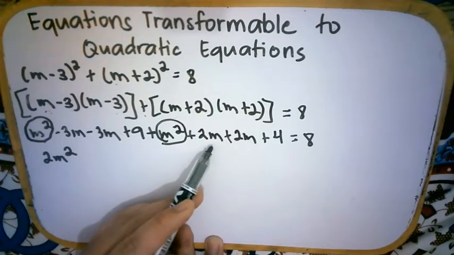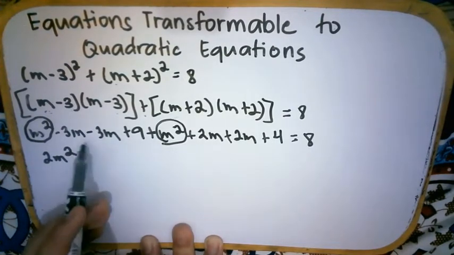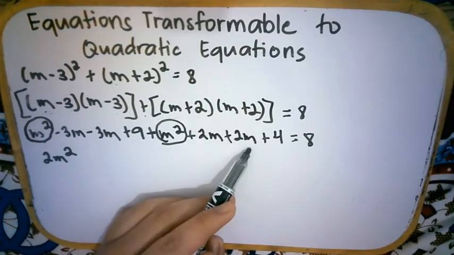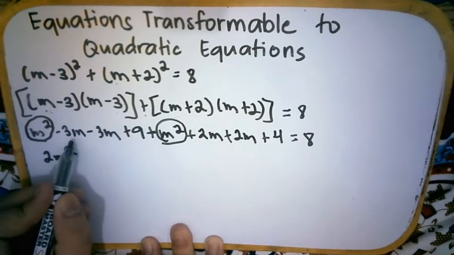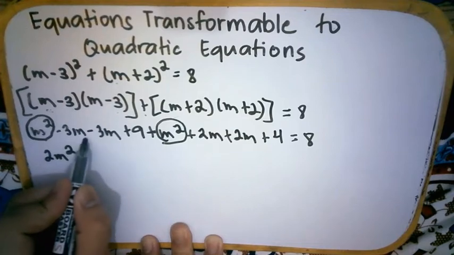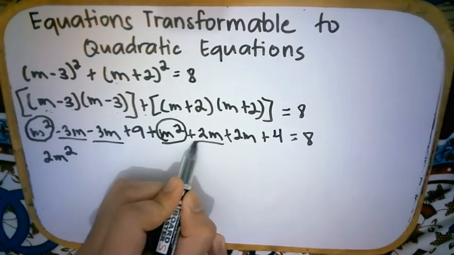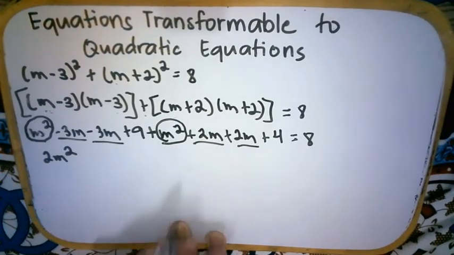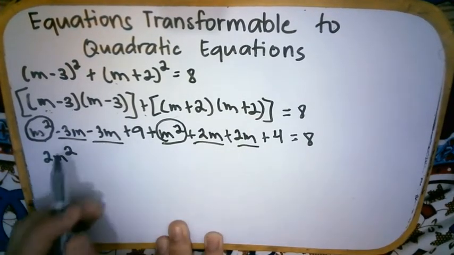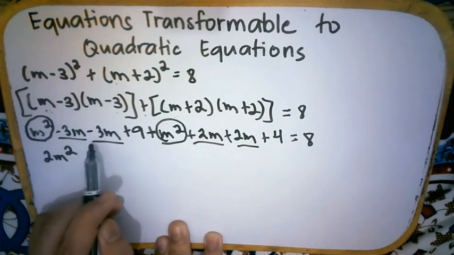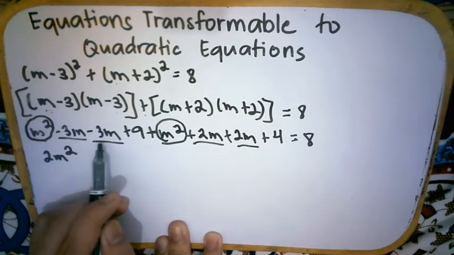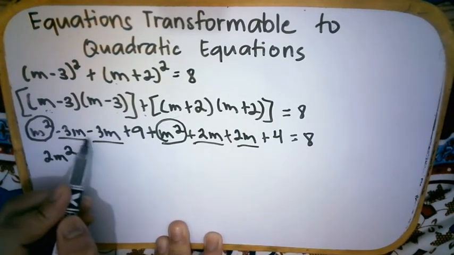Ngayon, dahil binilugan natin to and na-simplify na natin yan, makikita natin kung ano na yung mga natitira pa. So we have m. Yung may mga m naman ang pagsasamahin natin. So underline naman. So negative 3m and then another negative 3m, 2m and then another 2m. So we're going to combine all of them. So negative 3m minus 3m, we have here negative 6m.